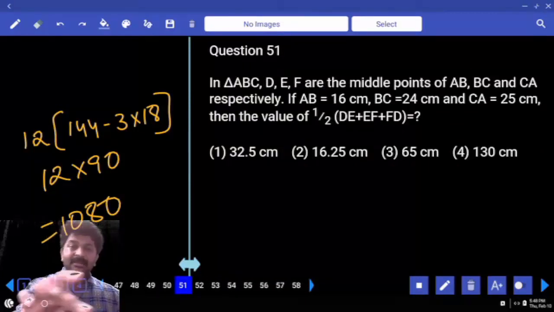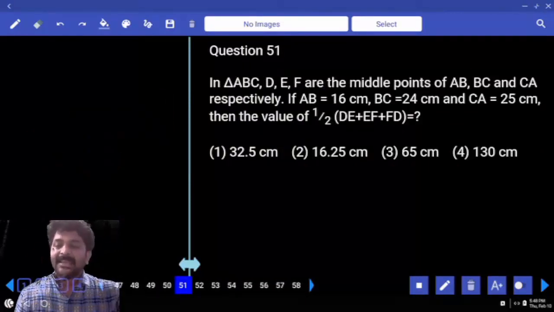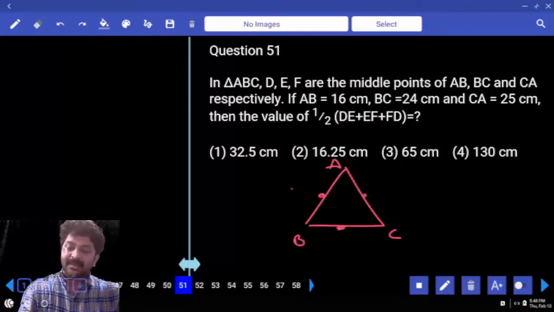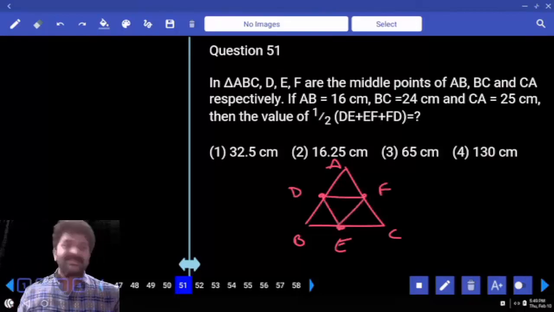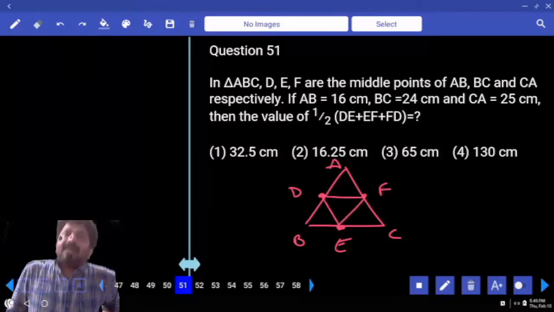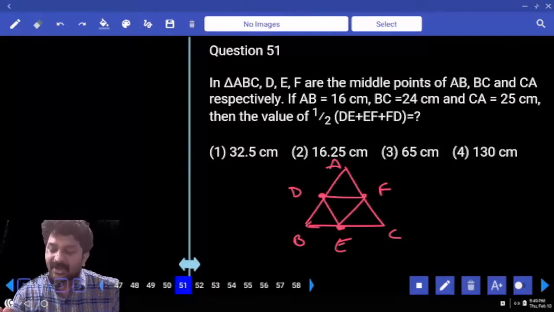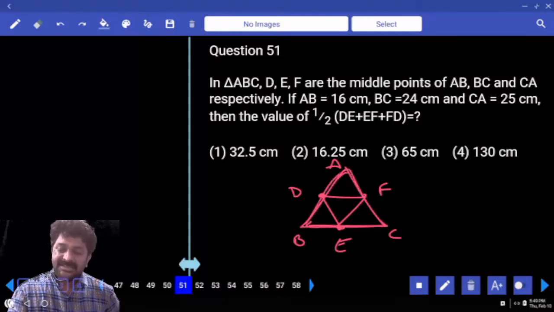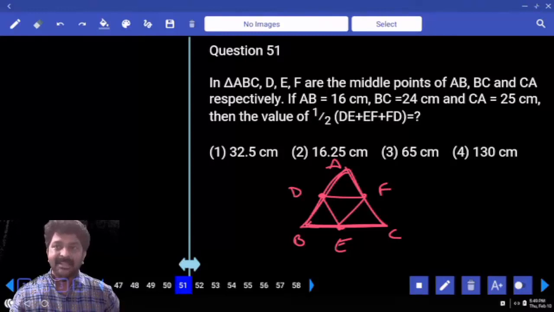In triangle ABC, D, E, F are the midpoints of AB, BC, CA. Area wise, by joining the midpoints, the triangle ABC is now divided into how many equal triangles? 4 equal triangles.